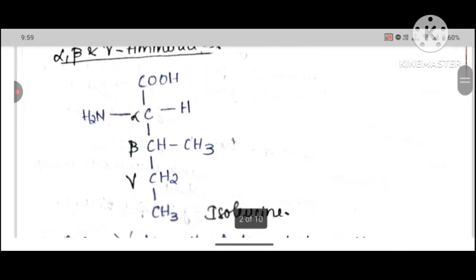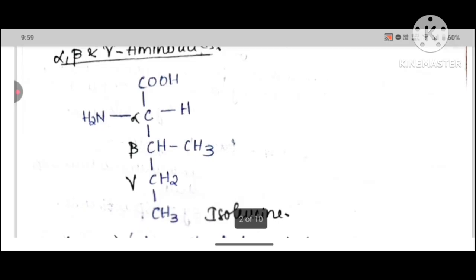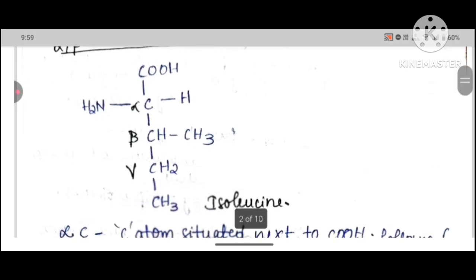Before understanding what alpha, beta and gamma amino acids are, you should know what an alpha carbon atom is. The carbon atom to which the first functional group is attached is known as the alpha carbon.